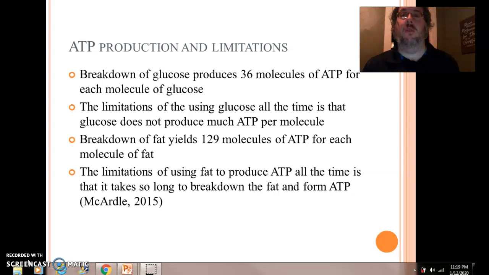On the other hand, the fat yields 129 molecules of ATP for each molecule of fat. But the fat has its limitations as well, in that it takes longer to break down than the glucose does. So those are the limitations of glucose and fat.